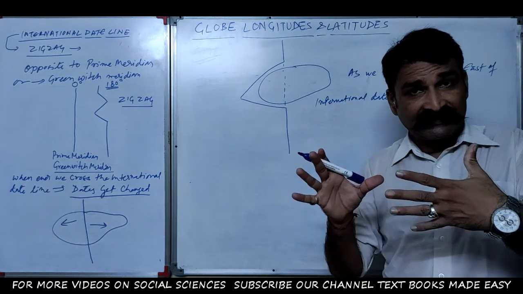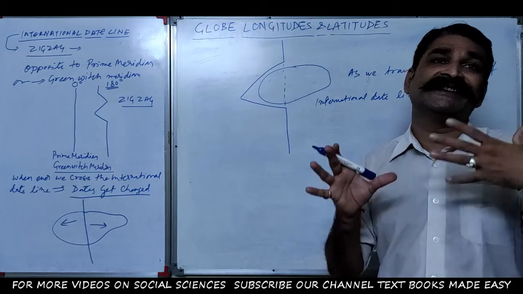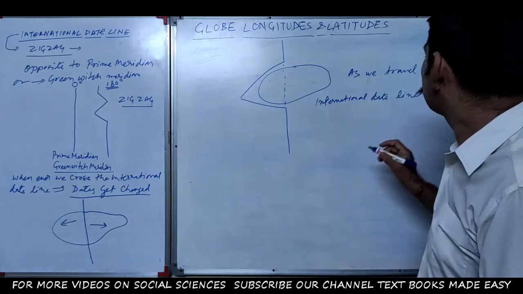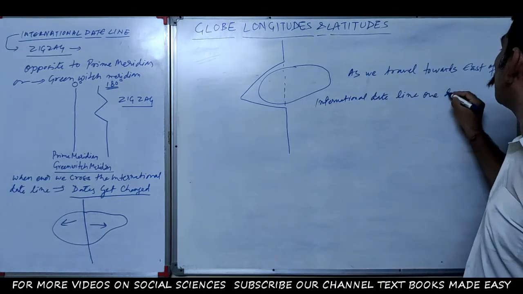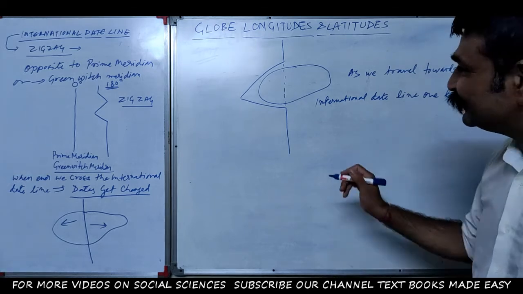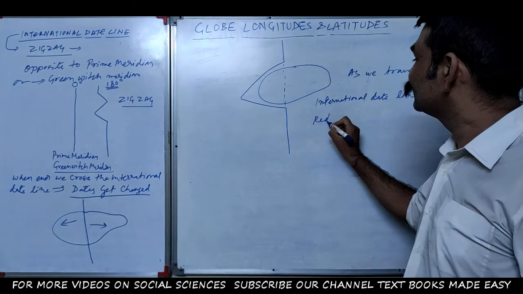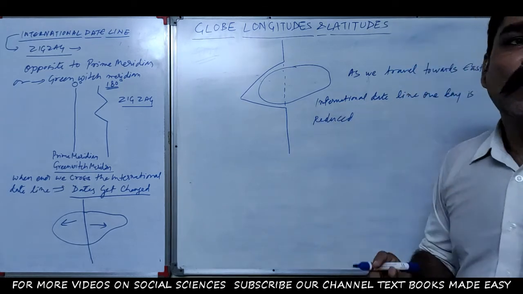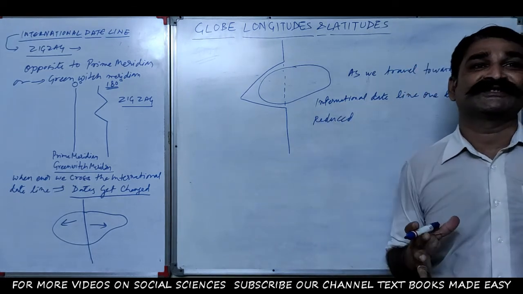Eastern direction of the international date line. One day is what? Reduced. One day is reduced.